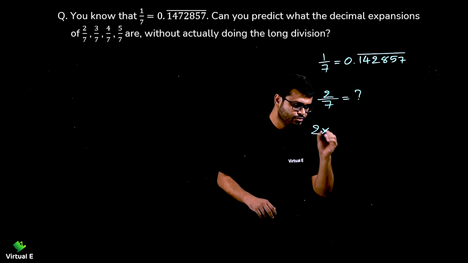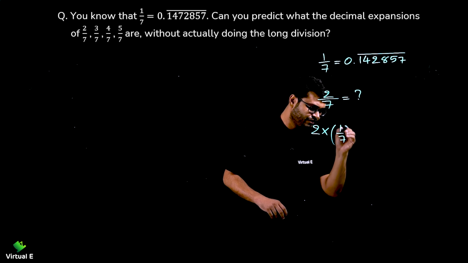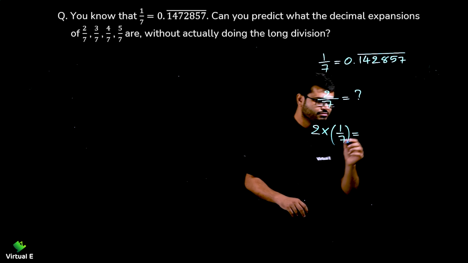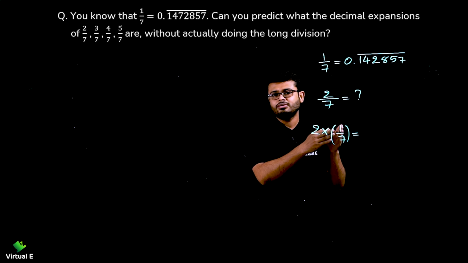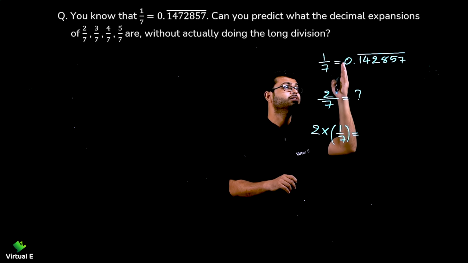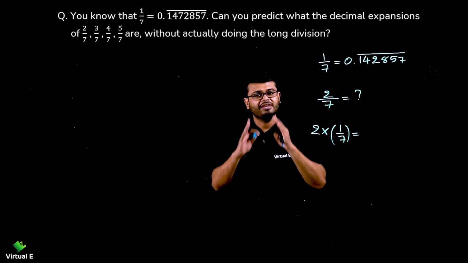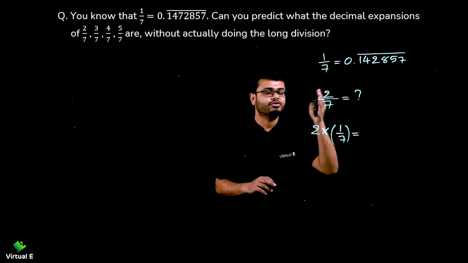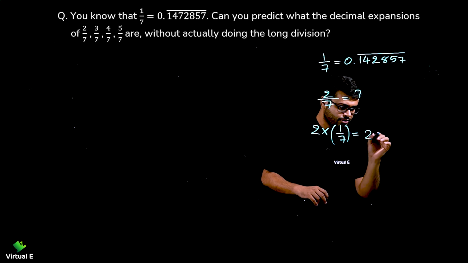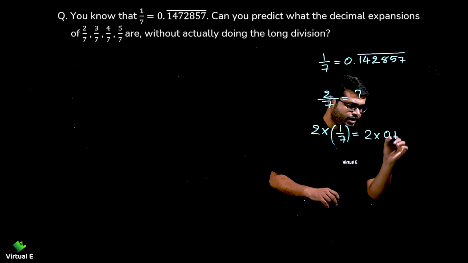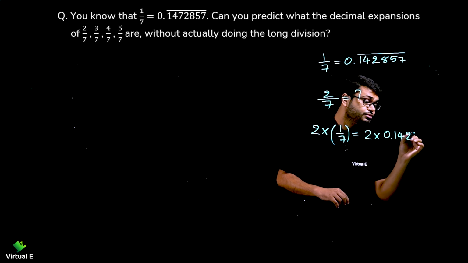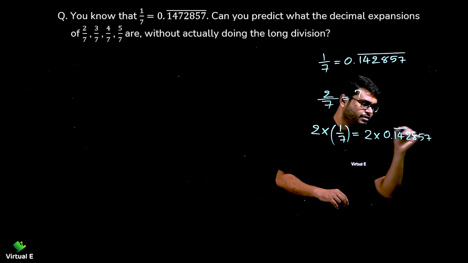I will be writing 2 multiply by 1 by 7, right? We learned this in rational numbers. So we know the value of 1 by 7, that is 0.142857. We just need to multiply by 2 and we will be done with the value of 2 by 7. So 2 multiply by 0.142857 bar, right?